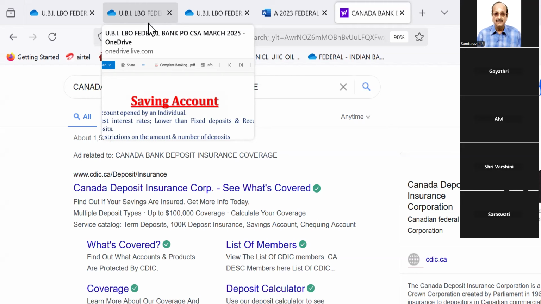Now I have told you about the Deposit Insurance and Credit Guarantee Corporation also. I told you about the capital risk weighted asset ratio. The calculation is based on various types of risk on various types of advances. If an advance is fully secured, that is, full security is there, the risk coverage will be low.